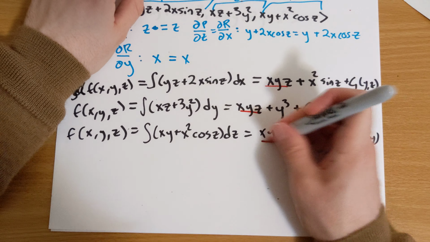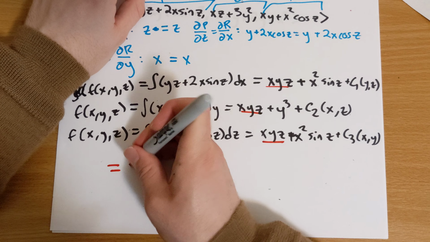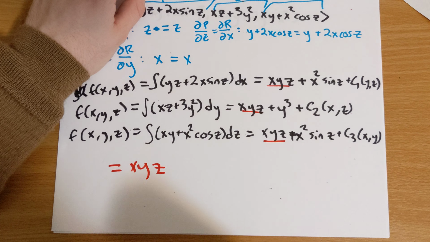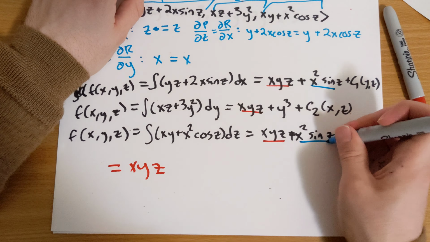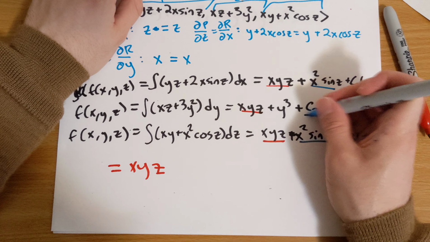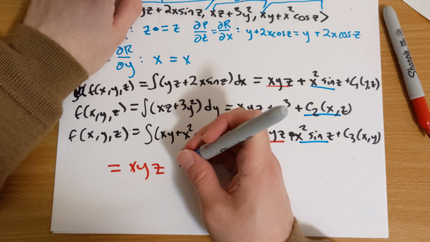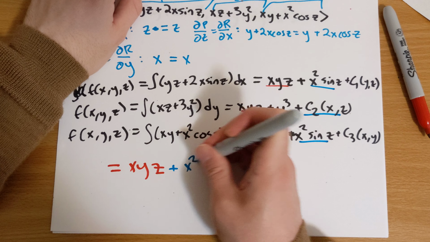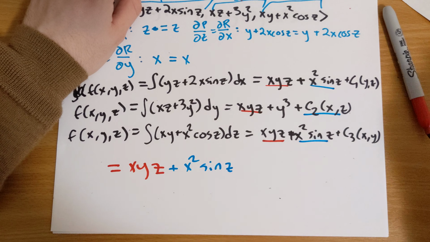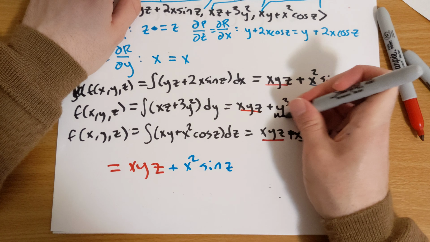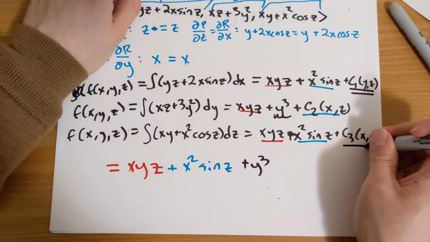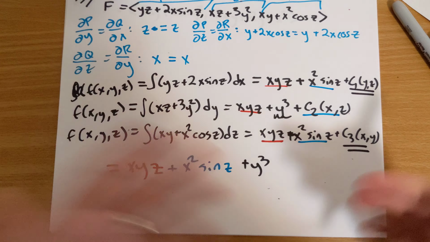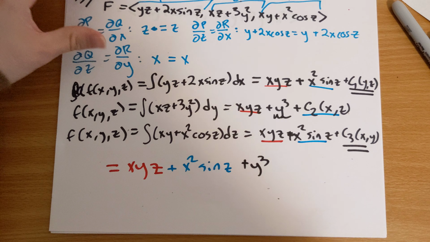Okay, so we see xyz in all three of those parts. Great. We see an x squared sine z in those parts. x squared sine z must be part of that c2 function. And then finally, we see a y cubed here, and that must be part of c1 and c3. So here is a potential function.